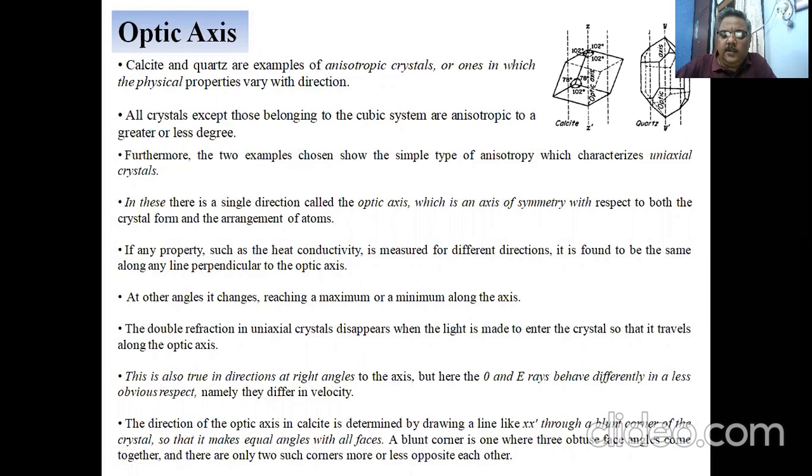If light passes along this optic axis, it will pass undeviated. That means it will not be polarized. Light passing along the optic axis will pass unpolarized, and if light is passing along any other direction, it will be polarized.